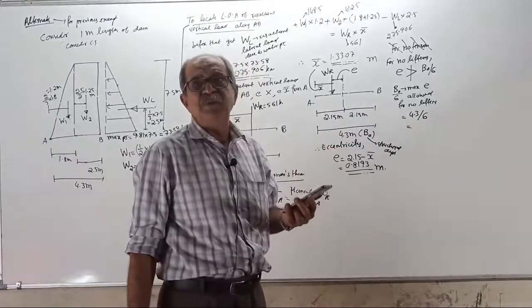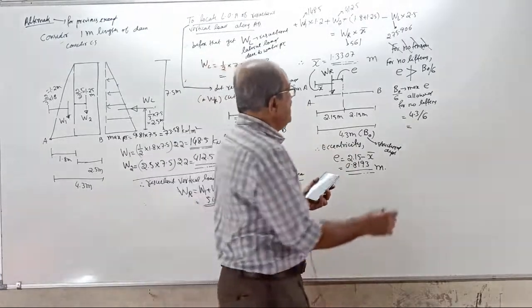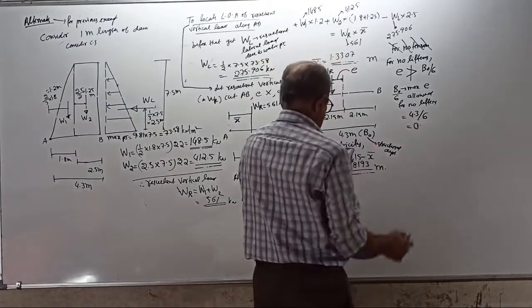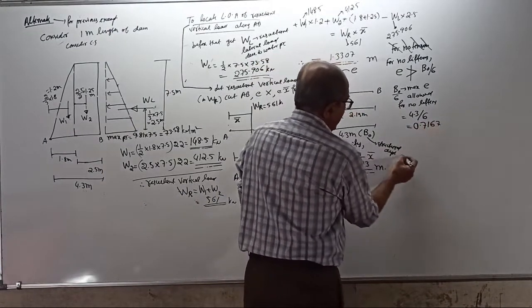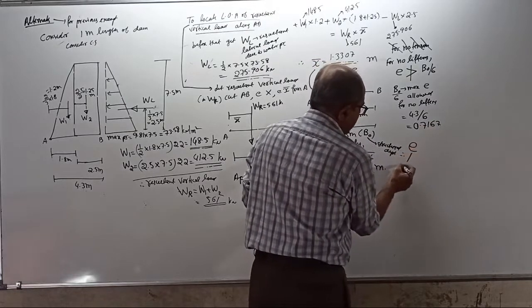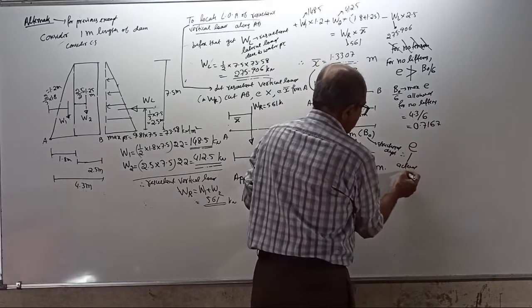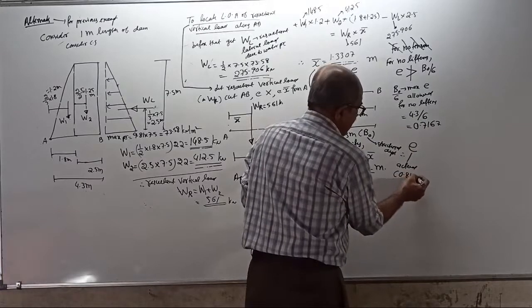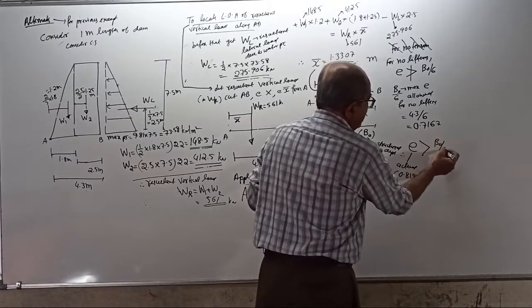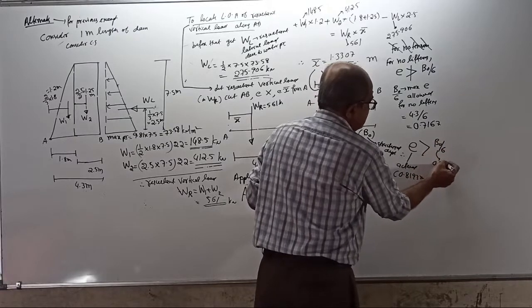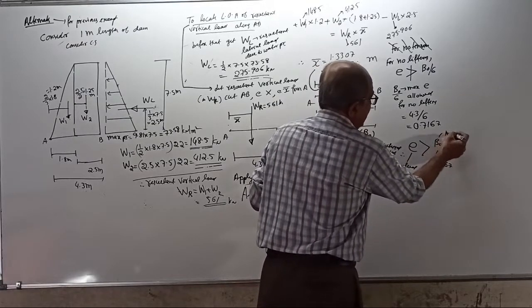It directly gives the allowed eccentricity: 0.7167. Now compare. Your actual eccentricity of 0.8193 meter exceeds B0 by 6, which is 0.7167, the maximum limit.